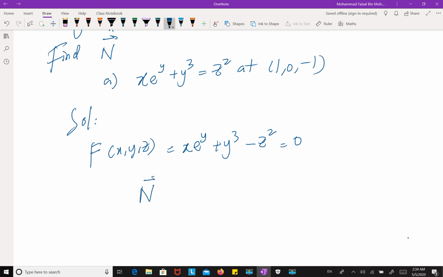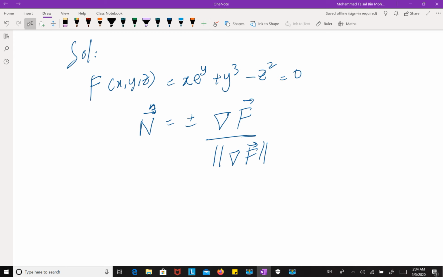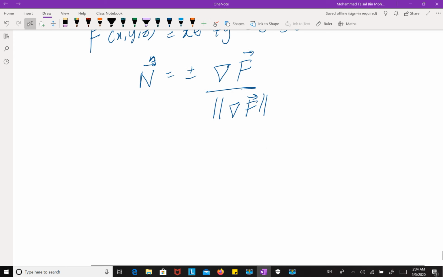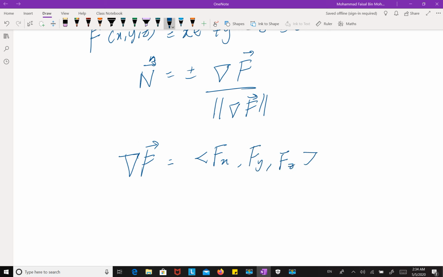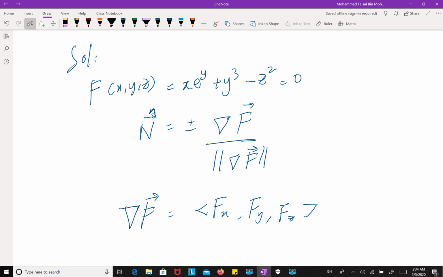So your n, the unit normal vector, will be plus minus gradient of big F over magnitude of big F. And plus minus is for different direction. So your del F will be (Fx, Fy, Fz). Or you can do del F del x i plus del F del y j plus del F del z k. So for Fx, this will be e^y.